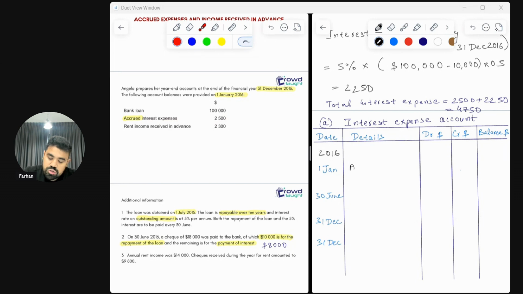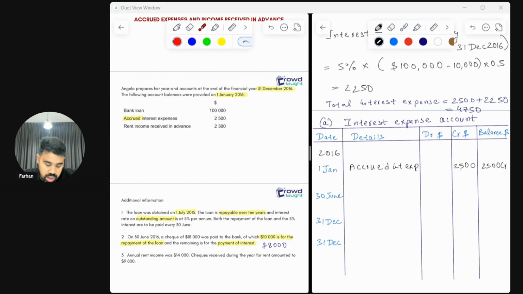So what we're going to do here on 1 Jan 2016 is we will write accrued interest expense. I'm just writing accrued int exp in short, but you have to write the full word during the exam. So accrued interest expense, being a current liability, has an opening balance on the credit side, which gives us a net balance of 2,500 credit for 1 Jan 2016.